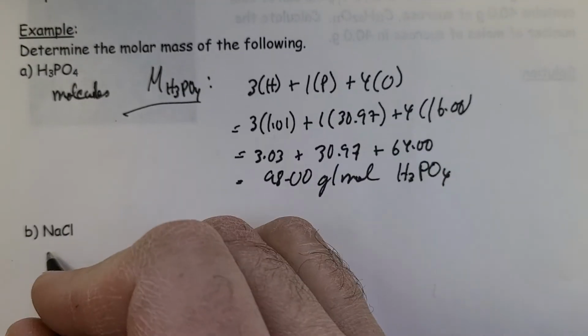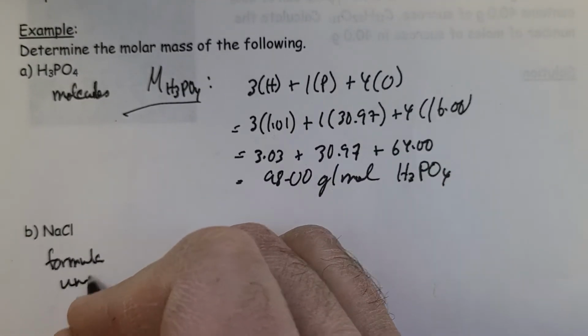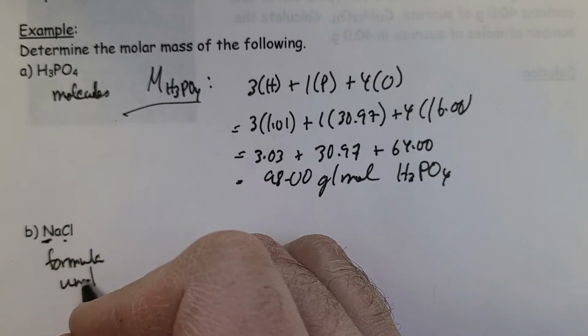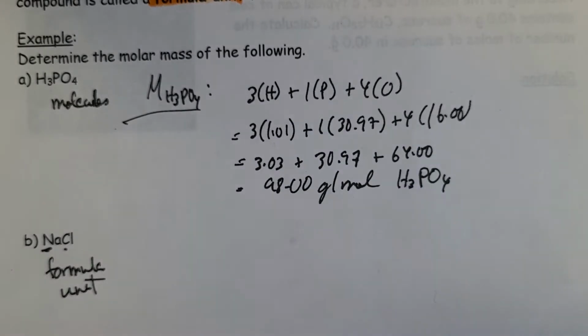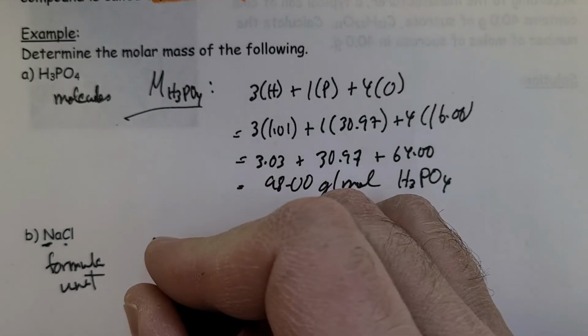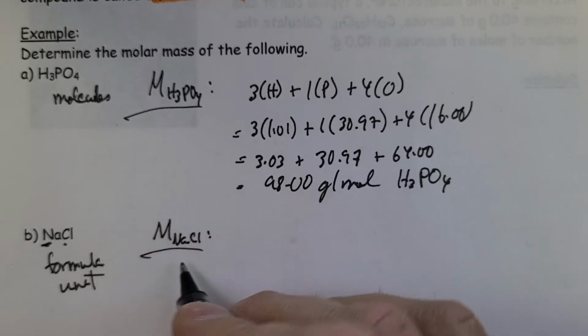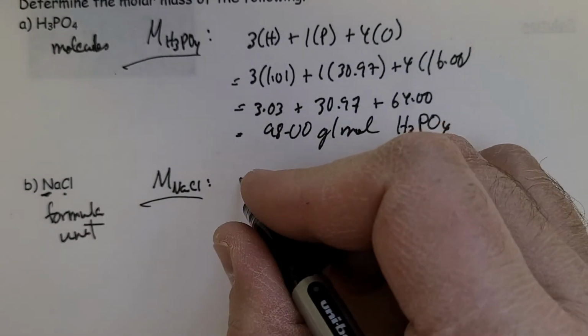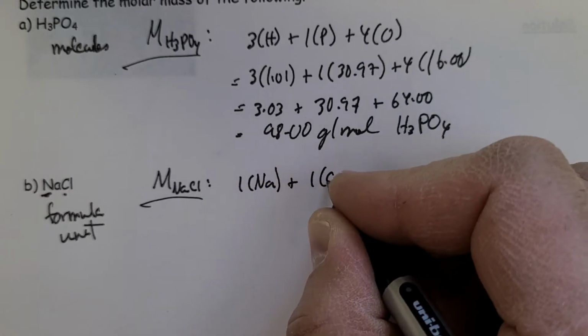Sodium chloride, now that is a formula unit because I have a metal and a nonmetal. That's the name we use for that because it's not a molecule. Molecules contain nonmetals only. So for the molar mass of NaCl, if I have 1 mole of sodium chloride, of course I have 1 mole of sodium and 1 mole of chloride.